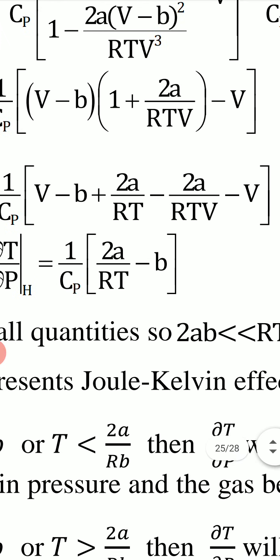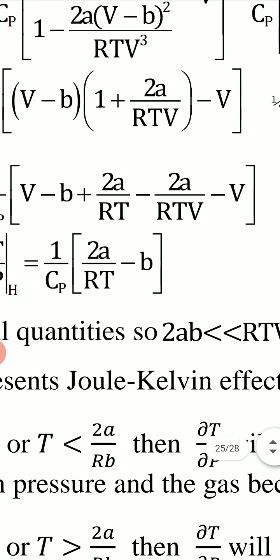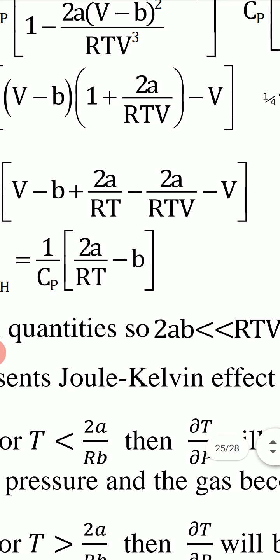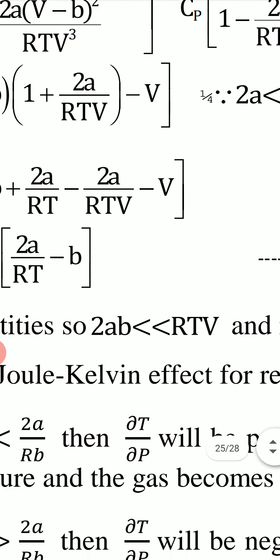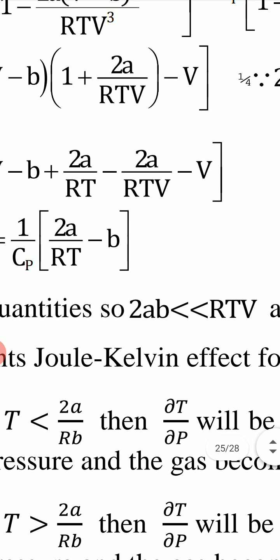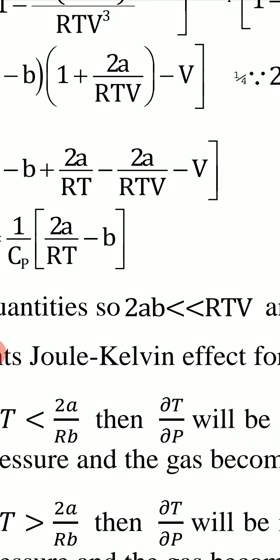And the 2AB upon RTV term we neglect, because A is a small quantity and B is a small quantity.